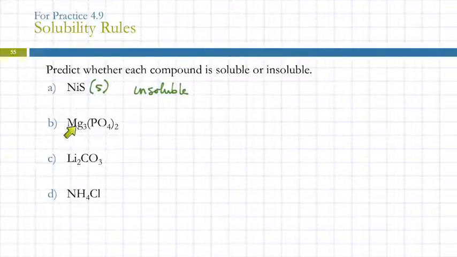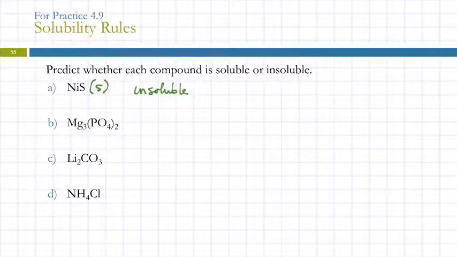Okay, how about magnesium phosphate? So we go down the list. Group 1 metals and ammonium, no. Nitrate and acetate, no. Sulfate, no. Hydroxide and sulfide, no. Phosphate, way at the bottom. Phosphate compounds are generally insoluble except calcium, barium, and strontium.